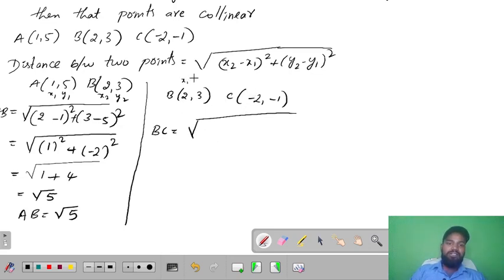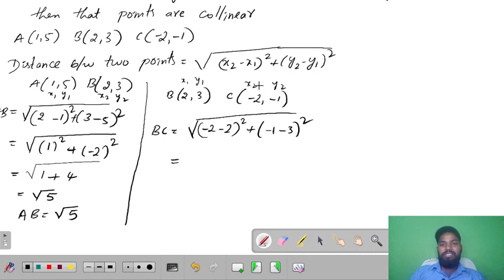This is x1 y1 x2 y2. So x2 is minus 2 and what is x1 here? 2. So whole square plus y2 minus y1. What is y2 here? Minus 1. What is y1 here? 3, whole square. So see now we have to check x2 minus x1, right? Here x2 that is minus 2, x1 that is 2 and y2 minus 1, y1 3.